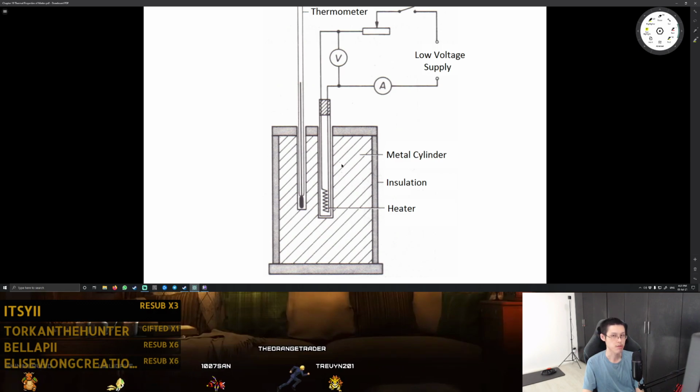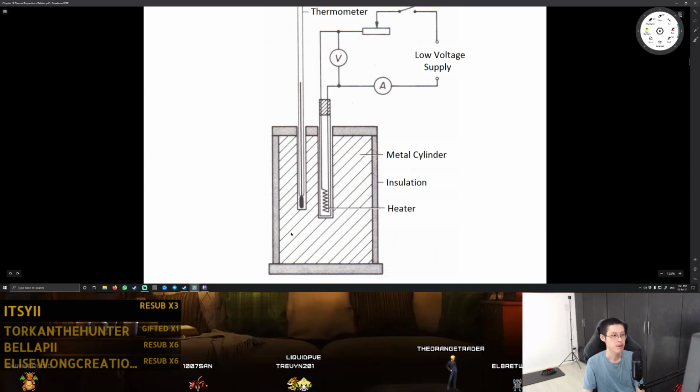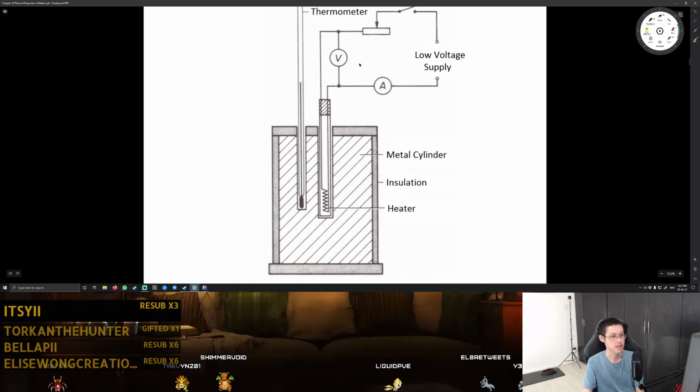Okay, and the reason you do that is to make sure that heat is distributed uniformly throughout the metal cylinder. And then you want to allow some time for the thermometer to reach thermal equilibrium before you take a measurement. So initially you take an initial measurement, and then after some time you take another measurement. So that would be the change in your temperature.